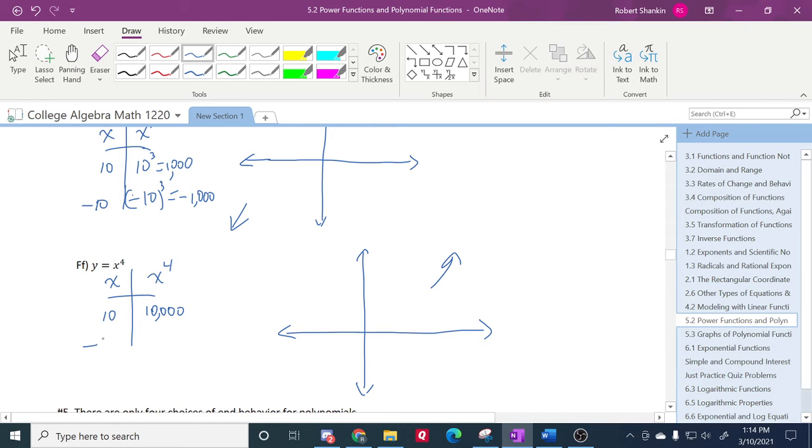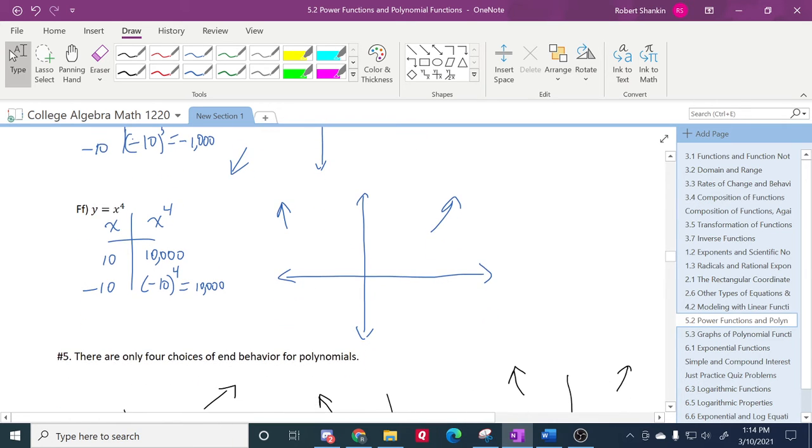But if you're taking negative inputs, when you take it to an even power, the negative happens 4 times, and they pair up, and all the negatives cancel out, and we still get the same thing. So this is also going up over here. All right. So there's only 4 possible choices for end behavior for polynomial functions.